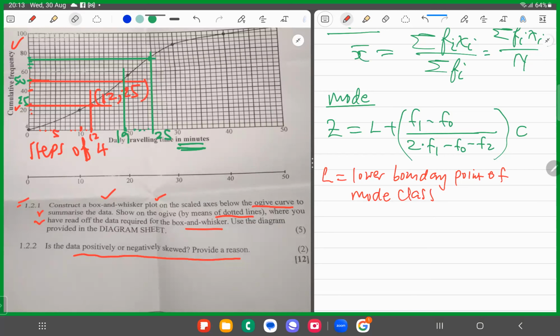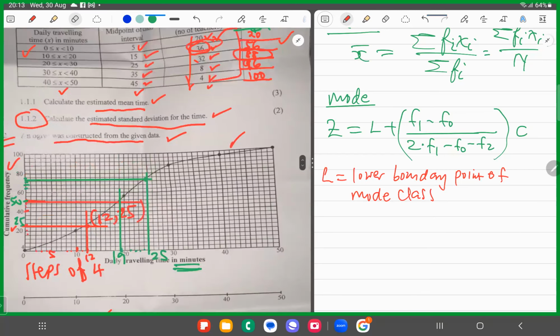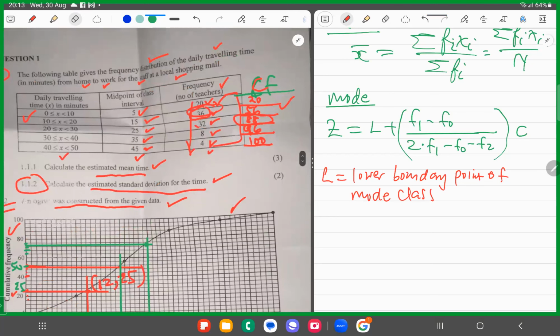Okay, so I'm just going to find the mode in this question using this formula. They did not ask us, but we are practicing today. You must also know how to find F1, the frequency of the mode class. The mode class is the class with the highest frequency.